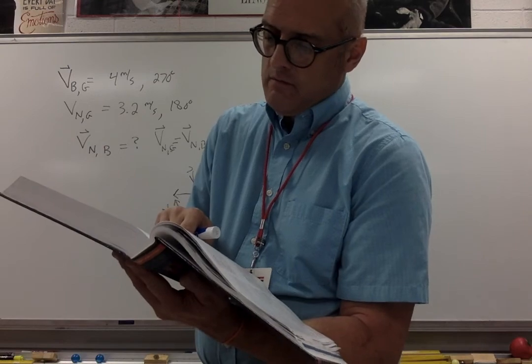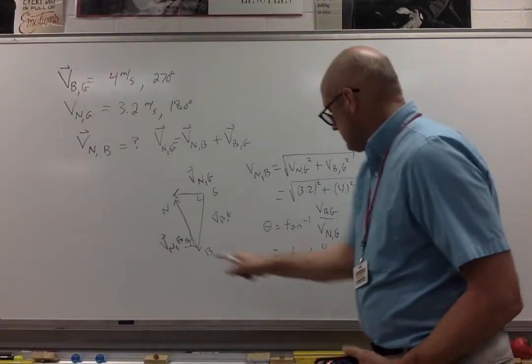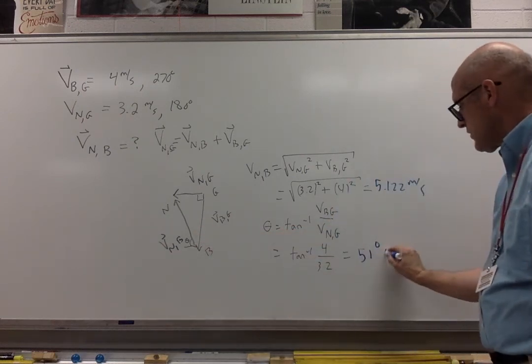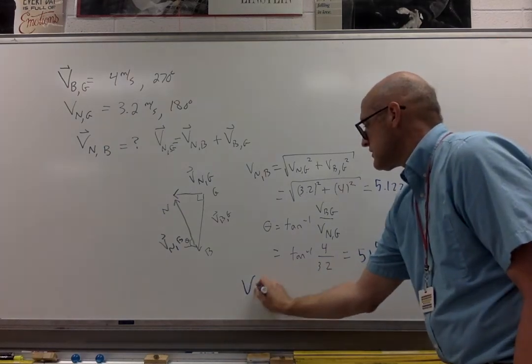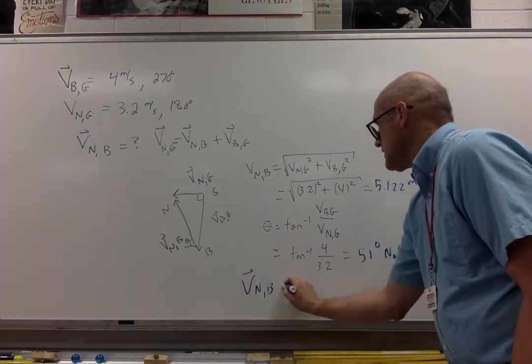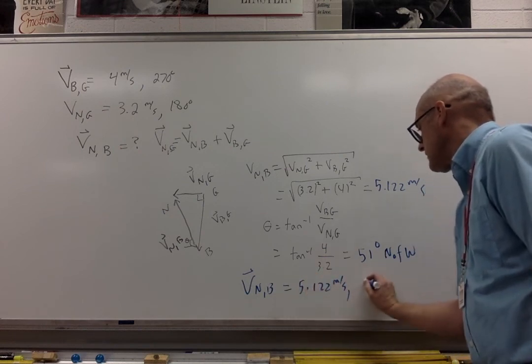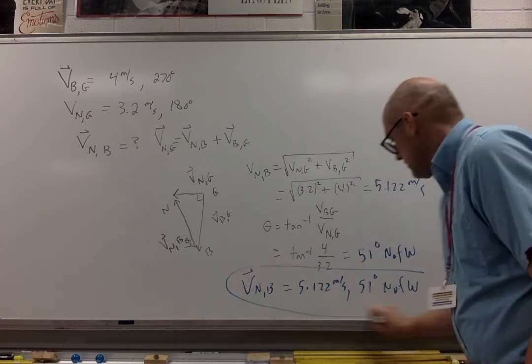Okay, so the direction should be relative to due west. Well, 51 degrees is relative to due west, so that would be 51 degrees north of west. So our final answer is VNB is equal to 5.122 meters per second at 51 degrees north of west.